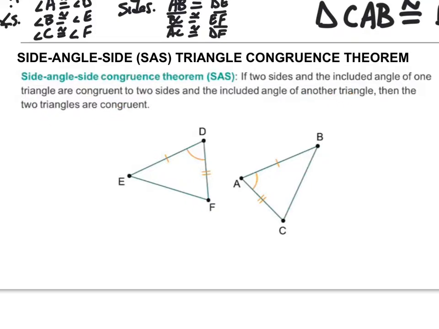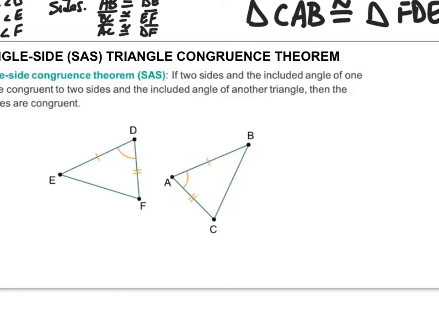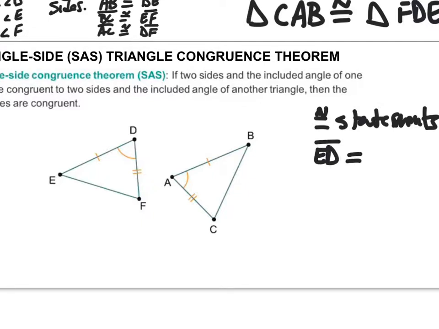So what I have is this. The congruence statements are as such. In this triangle over here, I've got ED is congruent to AB.